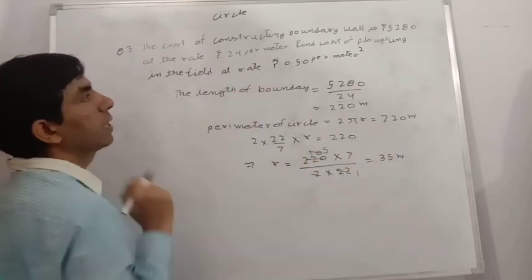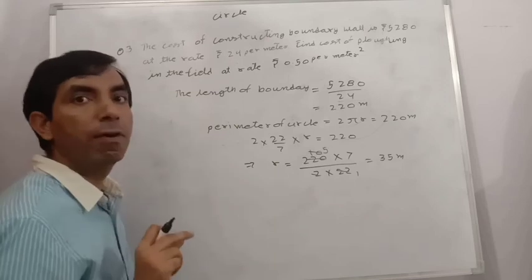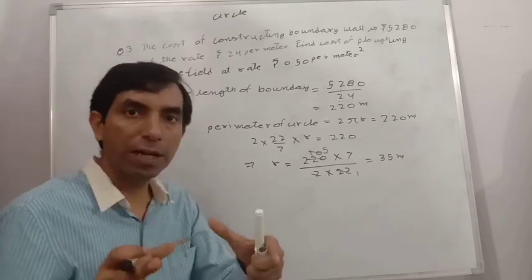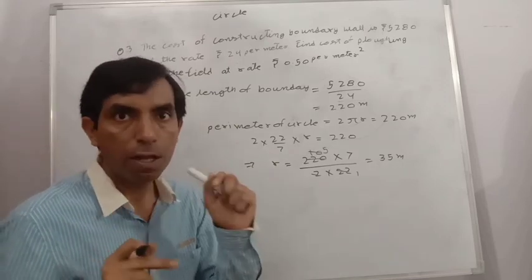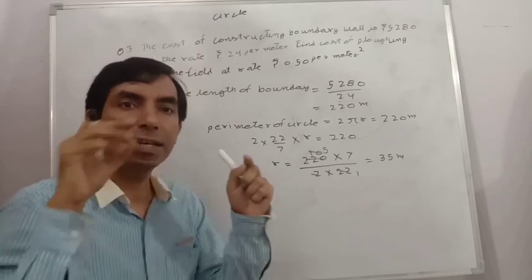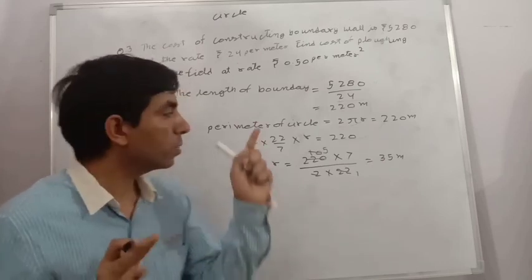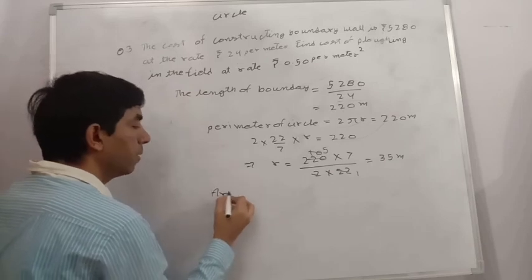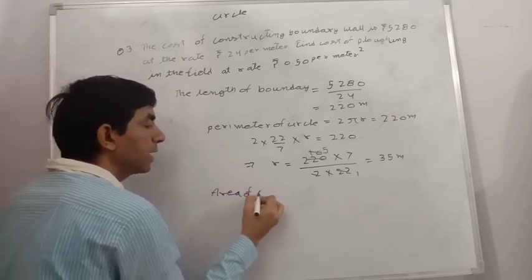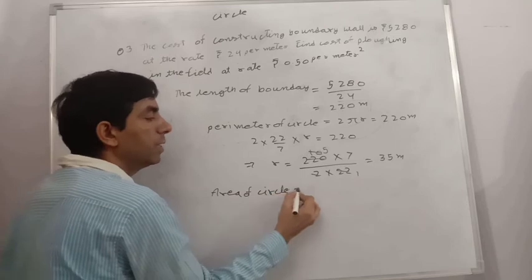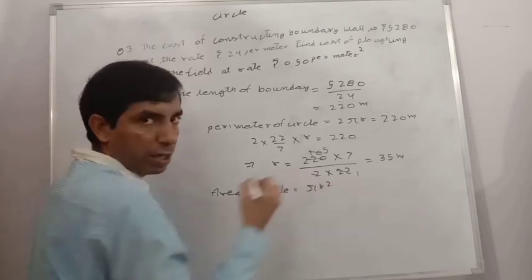Now we are plugging the field. We always plug the inside of the field, which means the area, because the boundary wall is the perimeter and the inside part is called the area. So we have to find the area of the circle. That is pi r square.